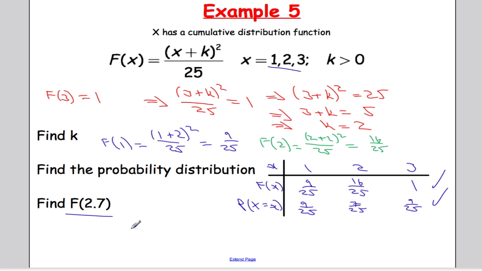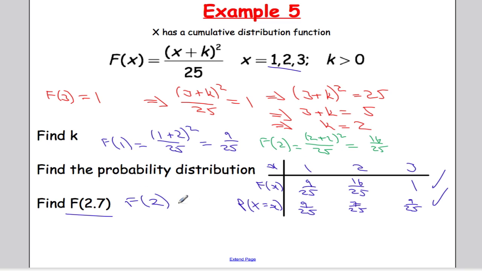Right, last part, I want to find f of 2.7. Well, because it's discrete data, that means I'm essentially looking for f of 2. Because I cannot have anything in between. The only values I have for x are 1, 2, or 3.